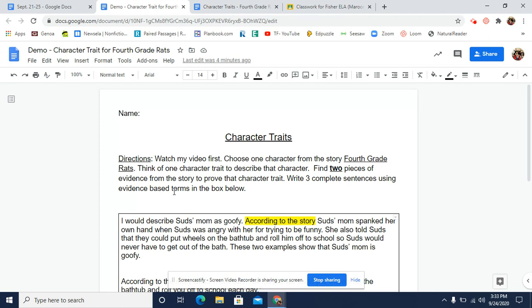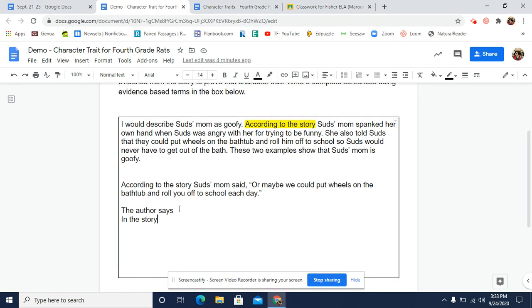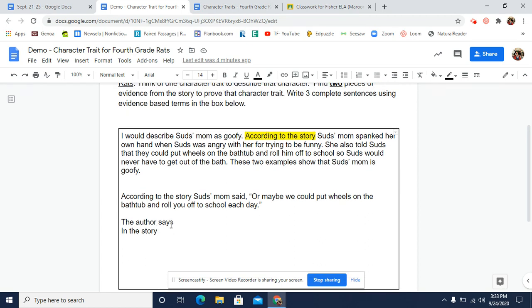So what I mean by evidence-based terms is what I have highlighted here, according to the story. Or you can use the author says, or in the story it says, anything like that, so that you're showing your reader, whoever's reading this, that you are not just grabbing these answers out of the air, that you got this from the story, okay?